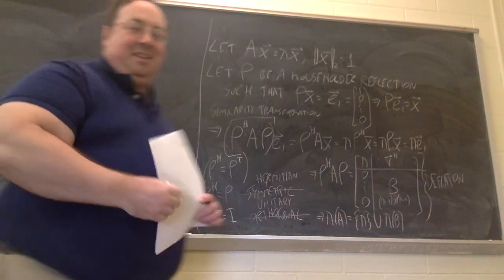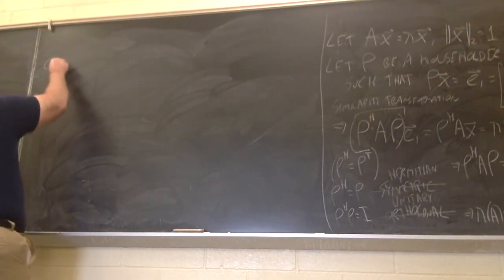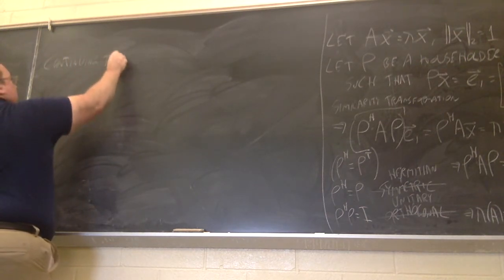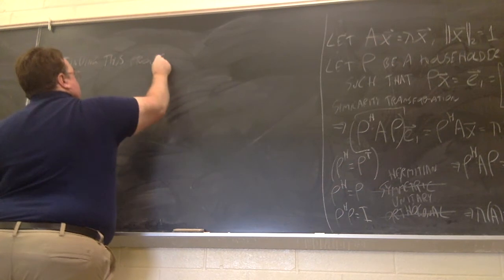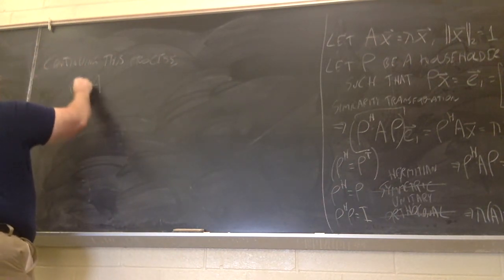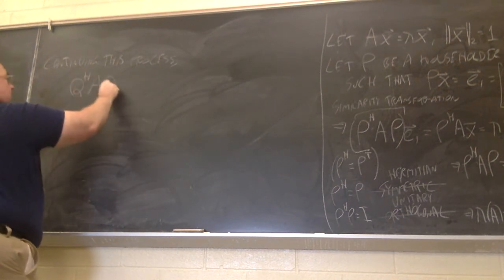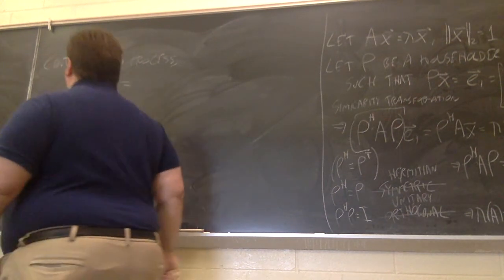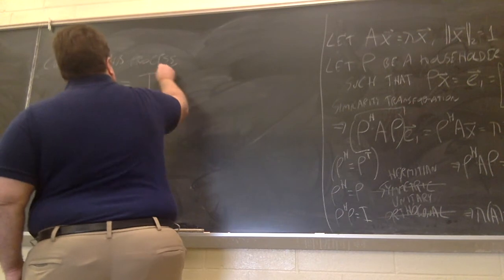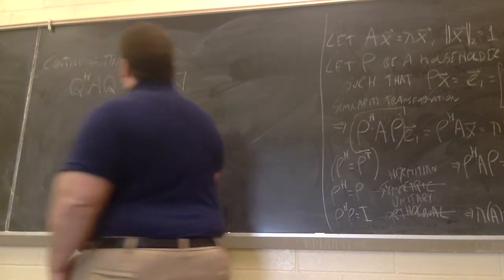So my non-rigorous way of saying by induction, I would say continuing this process, what I get is the original matrix A being multiplied on left and right by a unitary matrix Q to get an upper triangular matrix T.